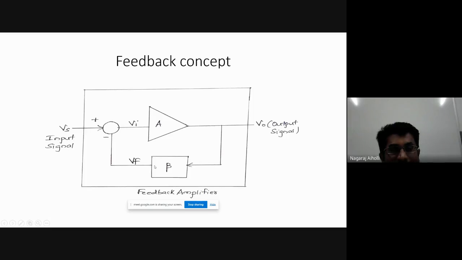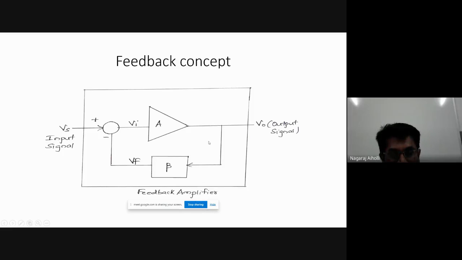In series feedback, the output of the feedback circuit, VF, is in series with the input. If the output VF is in shunt, in parallel with the input, then that is called shunt feedback or parallel feedback.